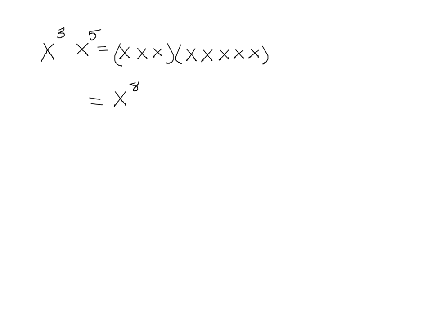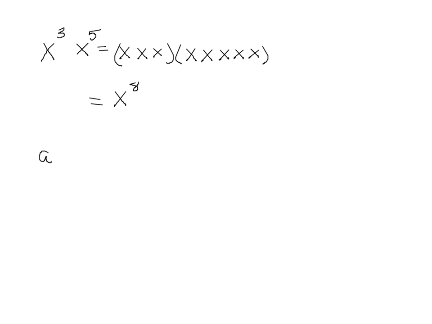Okay, so if we look at the first example of rules, if we have x cubed times x to the fifth, well, the x cubed part means that we have x multiplied together 3 times. X to the fifth means we have x multiplied together 5 times. And so all together, we have x multiplied together 3 times and then 5 times, for a total of 8 x's multiplied together.